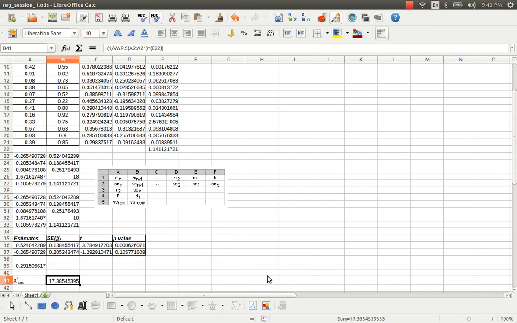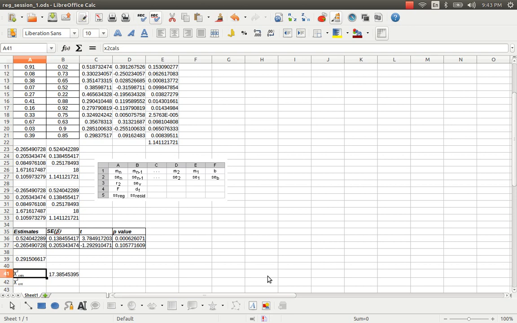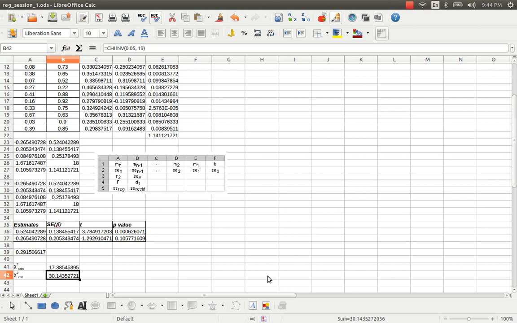We got the chi-square value. Now this is going to be the theoretical value, which we call the critical value. Critical is going to be chi inverse at 5% significance level, with degrees of freedom. I have 20 data points, so 20 minus 1, 19, is going to be my degrees of freedom.